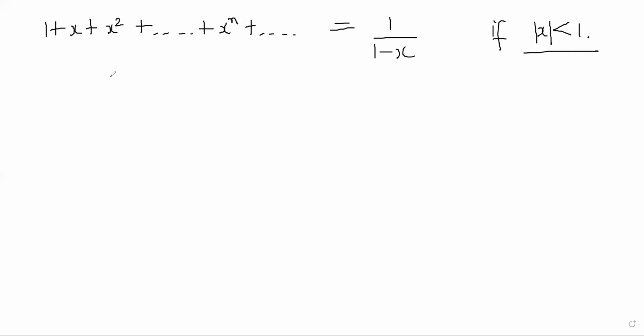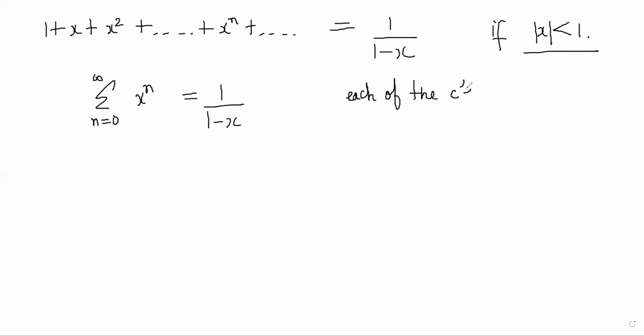So this series can be written as the sum from n equal to 0 to infinity of x^n equals 1 by 1 minus x. Here each of the c's is equal to 1.